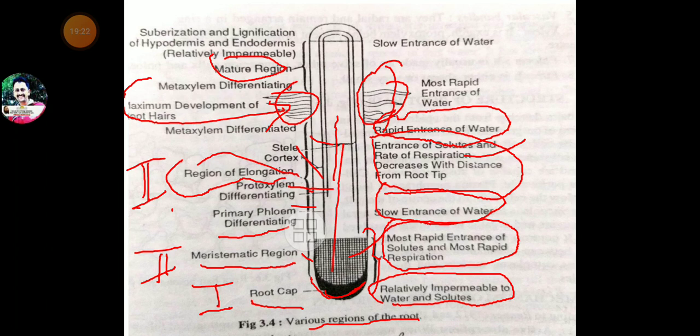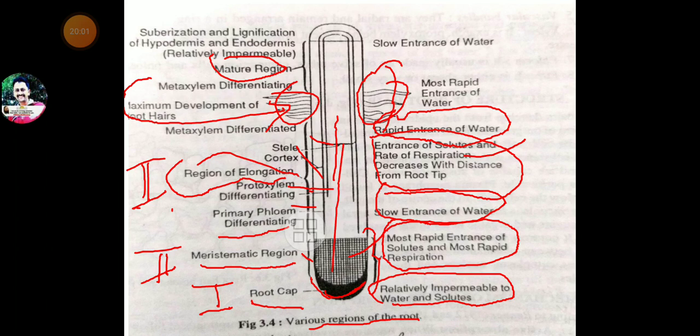The fourth type of soil water is crystalline water, or chemically bound or combined water, the water which remains chemically bound to the soil particle. Friends, out of these four types of water, only capillary water is available to the plant for absorption.